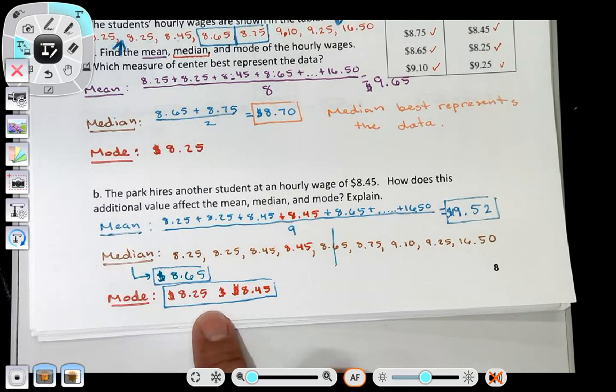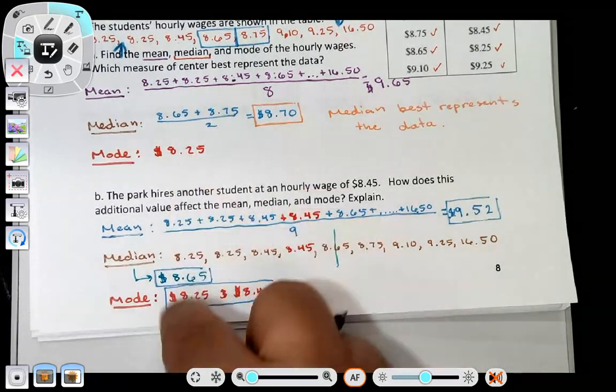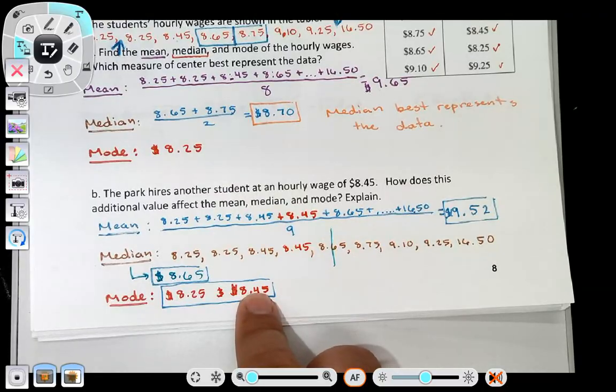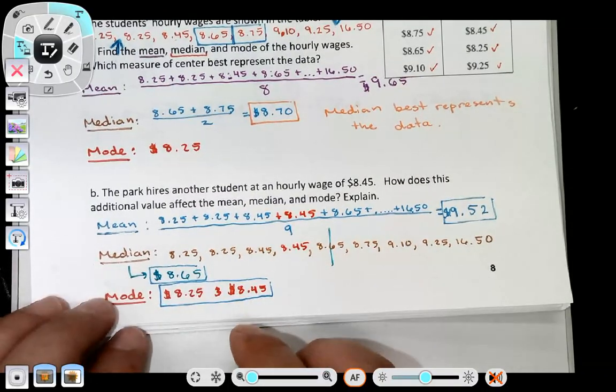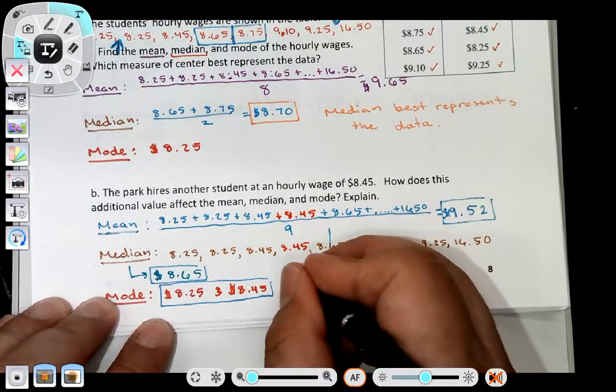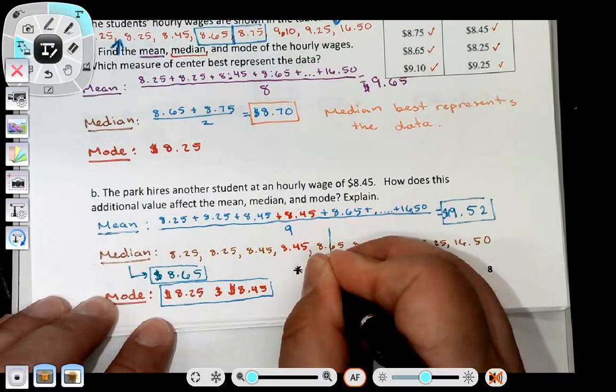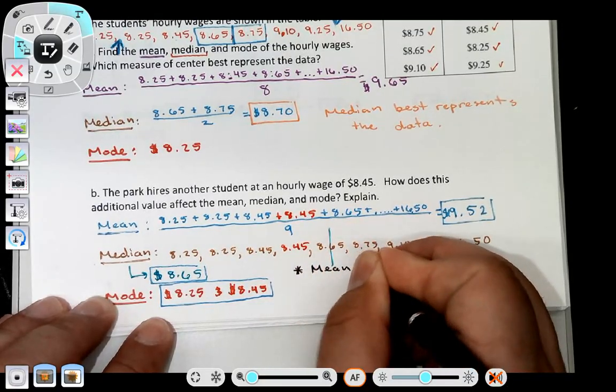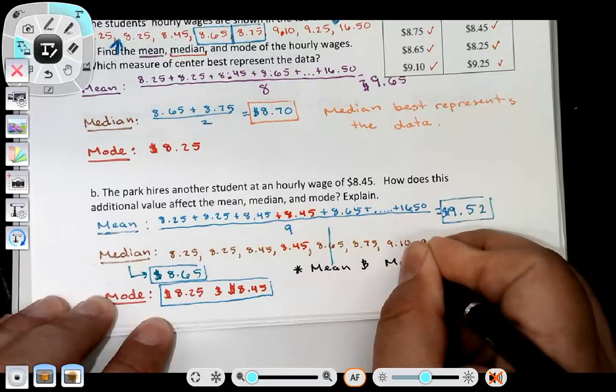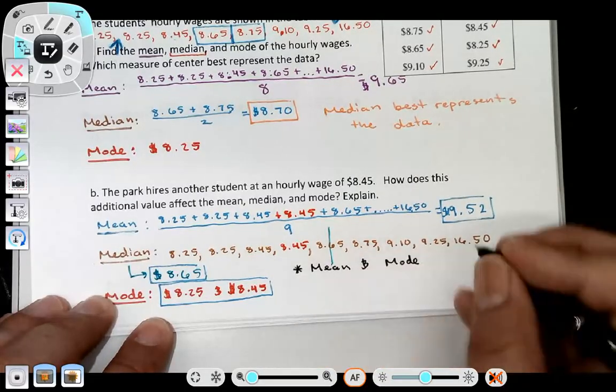Did the mode change? No. Well, it was still 825, but we did add a new one, right? So we just added a new one. So the mode really didn't change, but the main thing we want to look at is the fact that the mean and the median decrease.